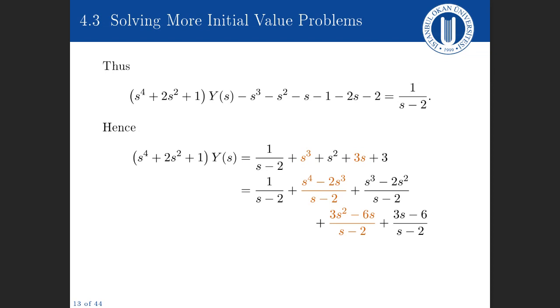I'll leave it for you to check that s cubed is the same as s to the power 4 minus 2s cubed divided by s minus 2. And I'll leave it for you to check the other terms. For example, check that 3s is the same as 3s squared minus 6s over s minus 2, and so on.